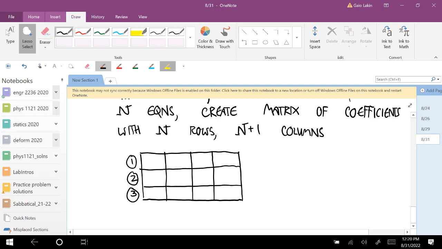The columns represent the variables, and you can do them in any order, but once you choose the order, it has to stay consistent. So let's say this is going to be the coefficients of x, this is going to be the coefficients of y, coefficients of z, and then this is going to be the constants. Remember, the constants are on the other side of the equation. If you don't do that, you get backwards answers.